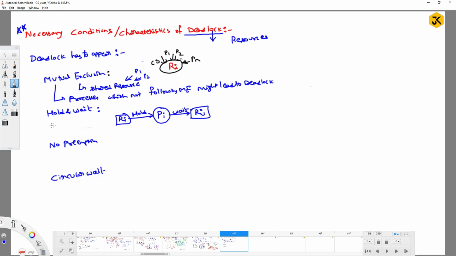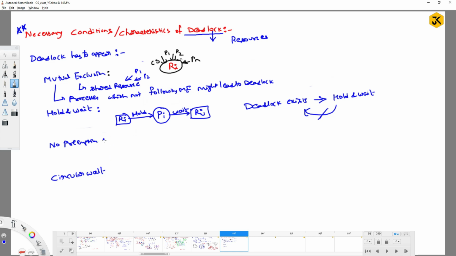But if I say that deadlock exists, definitely hold and wait exists, and vice versa is not true, guys. Hold and wait does not always mean deadlock, but there might be a chance of having deadlock. So you should always avoid the hold and wait concept.